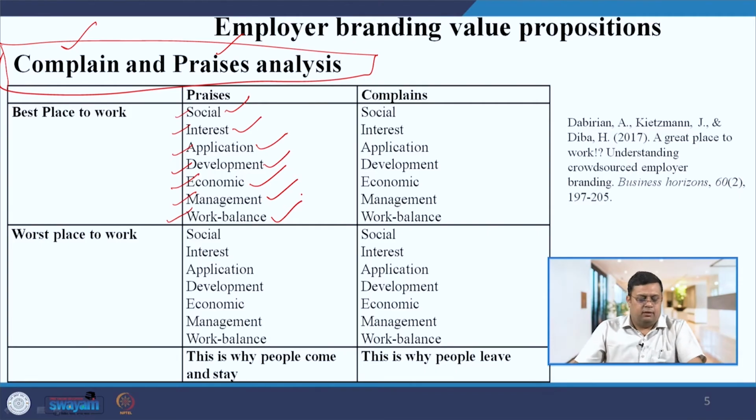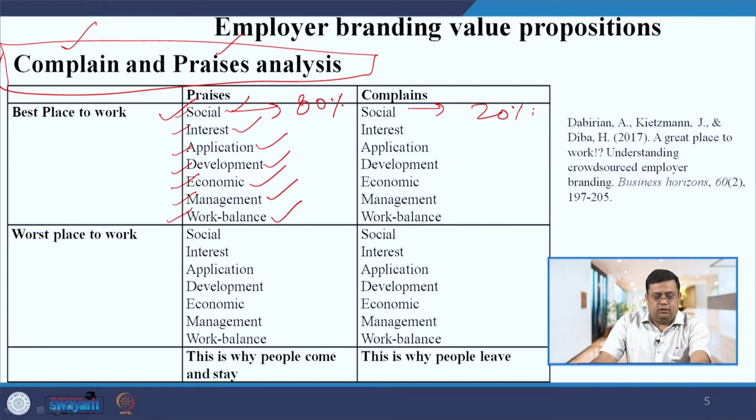You can divide all complaints into these seven categories, and then you can decide what answer is coming. Let us assume that 80% of people are praising the social life they have inside the organization, and 20% are making complaints.